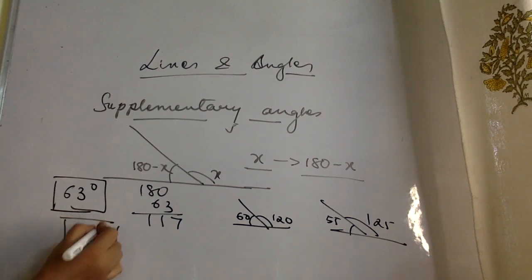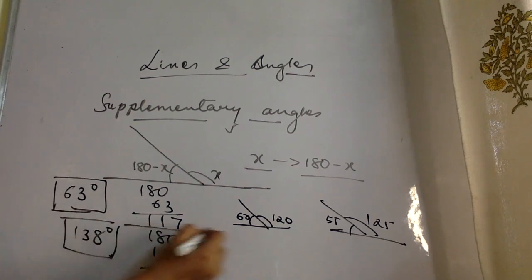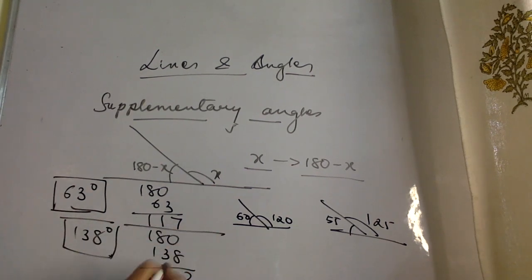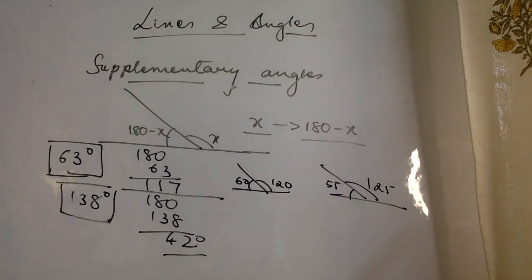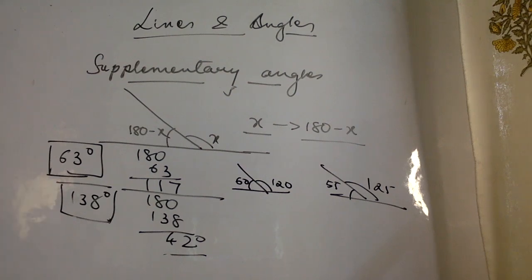These are very simple sums because we need these things for bigger sums after this. So 180 minus 138 gives me 42. So 42 is the supplementary of 138, and 138 is also the supplementary of 42.